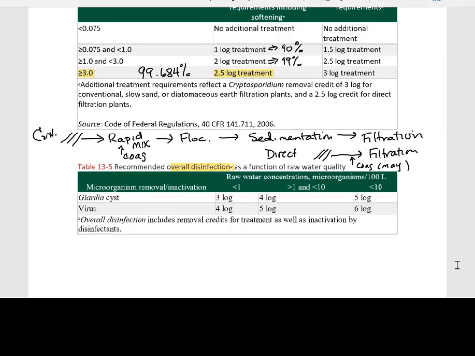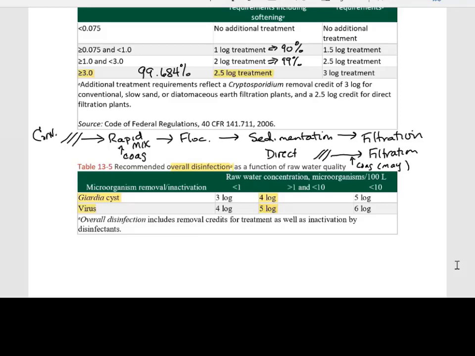So what do we need in terms of overall? Giardia, we're told that we have 5 cysts per 100 liters. And that puts us right here at a total of 4 log removal. Viruses, we were told that we had 2 per 100 liters, and that puts us right here at 5.